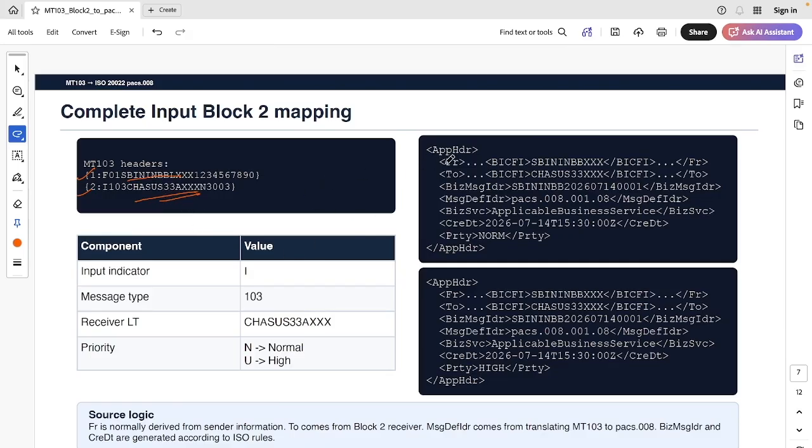Then here on the right-hand side, you will see the ISO 20022 XML format. The From comes from block 1. The To comes from block 2, the message identifier comes from the message type in block 2, and the priority comes from block 2 based upon the condition.